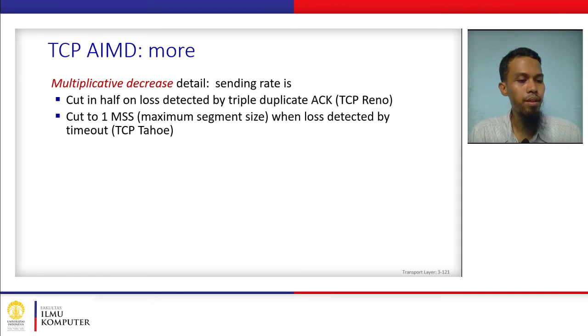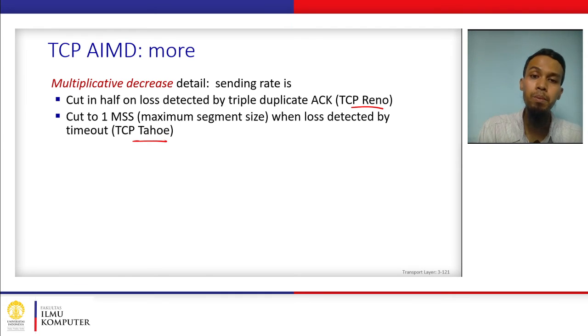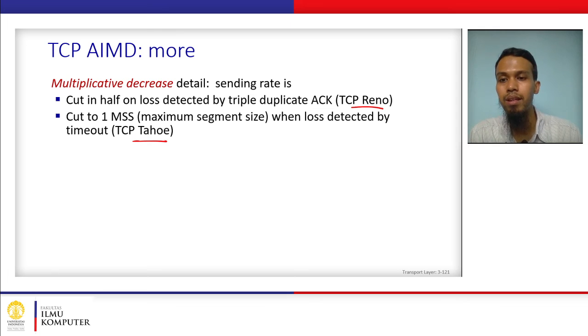Now there are different approaches taken by different TCP flavors. We'll discuss them later. The most basic ones are TCP Tahoe and TCP Reno. In TCP Tahoe, when it detects any packet loss, it will start from one MSS, or one segment, to be sent.